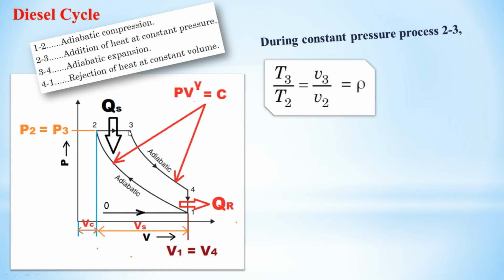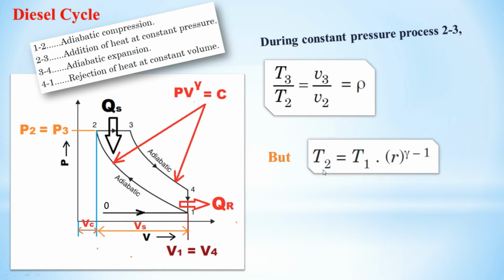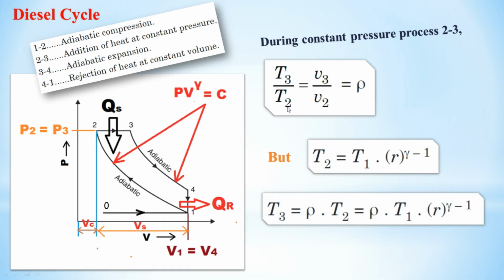Cutoff ratio means the volume at cutoff divided by clearance volume, so it is equal to rho. We have already derived the value of T2 in terms of T1 and r raised to gamma minus 1, so put the value of T2 in this equation. In the simplified form, we make T3 the subject, and T2 is multiplied with rho. So rho into T2, and T2 equals T1 r raised to gamma minus 1. So T3 equals rho into T1 r raised to gamma minus 1.